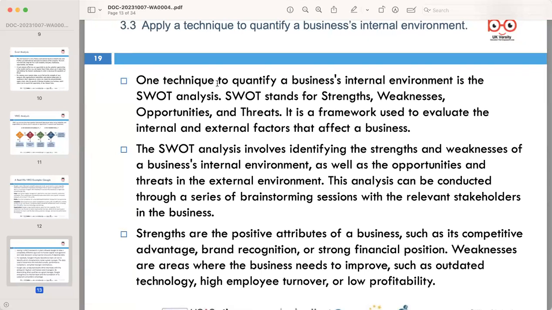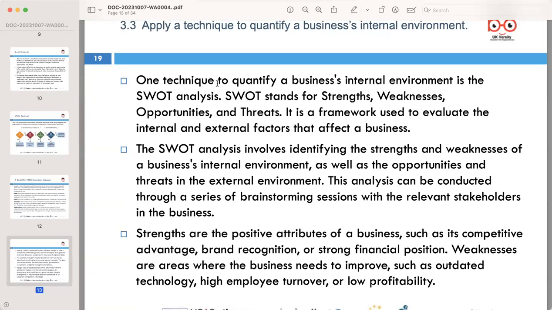Strengths are the positive attributes of a business, such as its competitive advantage, brand recognition, or strong financial position. Weaknesses are areas where the business needs to improve, such as outdated technology, high employee turnover, or low profitability.